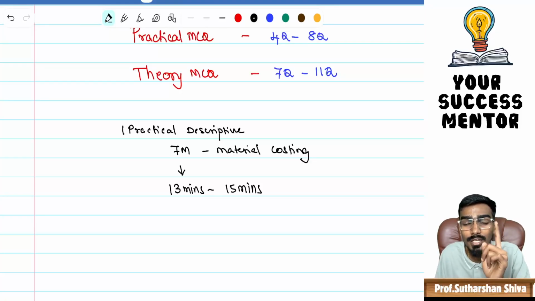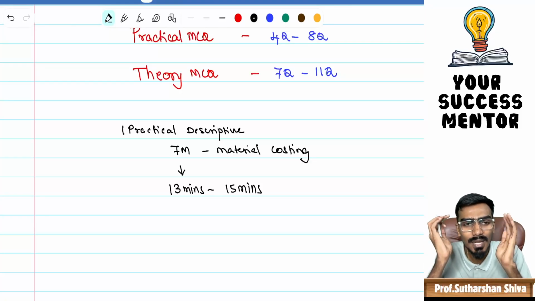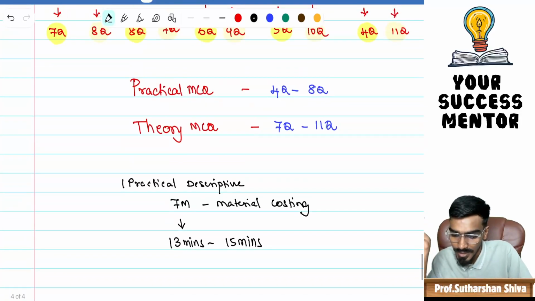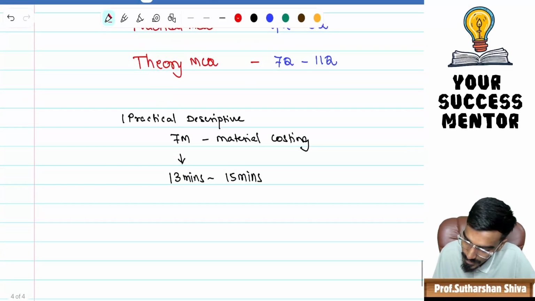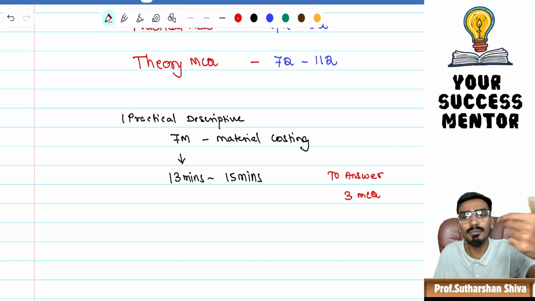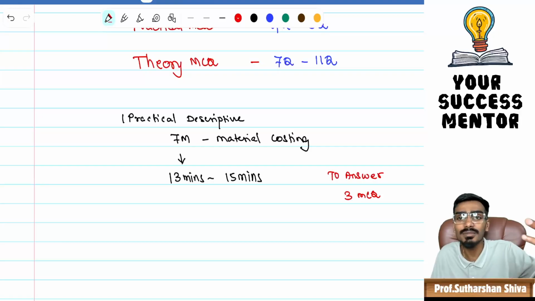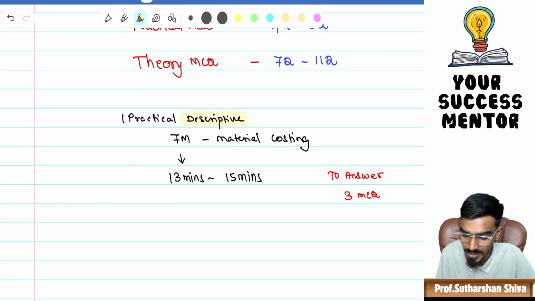Okay, but just apply your common sense and tell me: to answer 3 MCQs, what is the maximum time you will take? To write one descriptive question, you may take maximum 7 to 15 minutes.